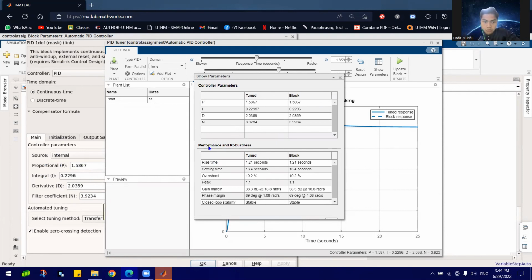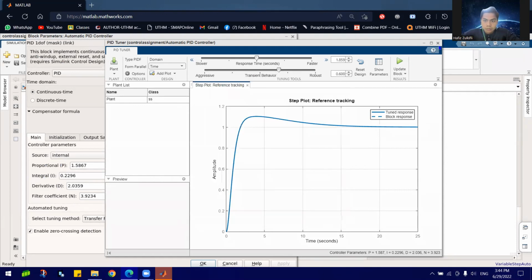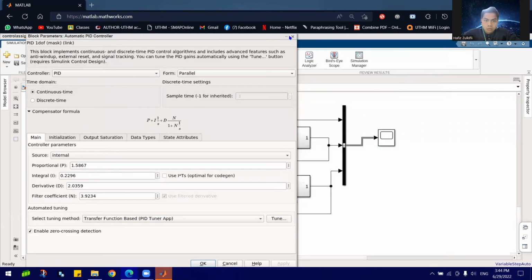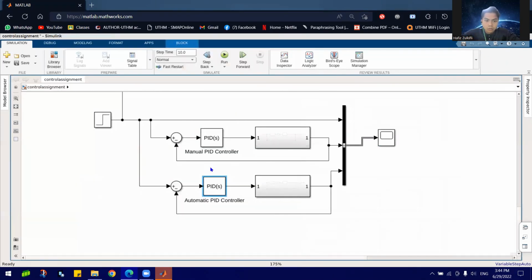So this is the performance of the automatic tuning. After I key in the automatic tune values, the manual and automatic are done. So we run the simulation.